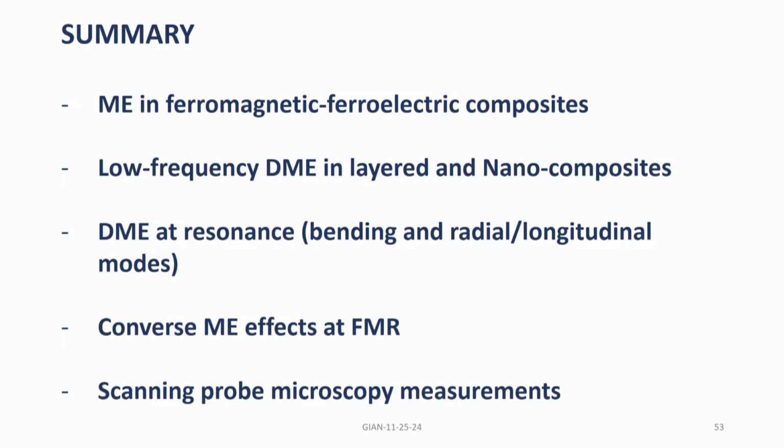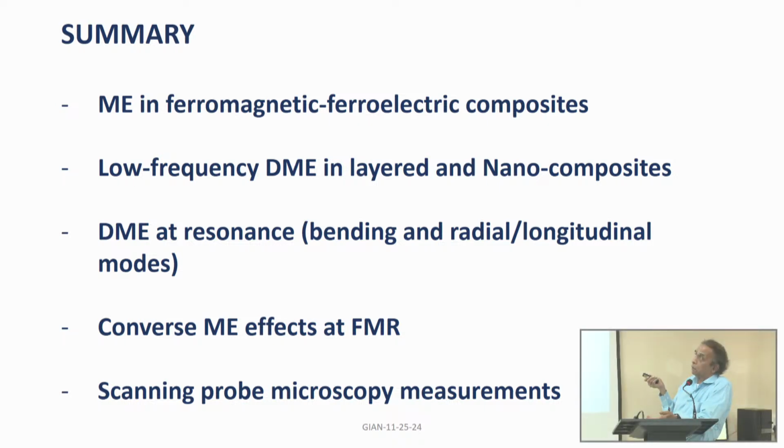So to summarize, I talked about magnetoelectric composites and the low frequency magnetoelectric effects and then resonance effects. We modeled different types of composites, and I didn't want to dwell on each and every model result, because first of all, they are not accurate in terms of magnitude, because we are using parameters meant for bulk materials.